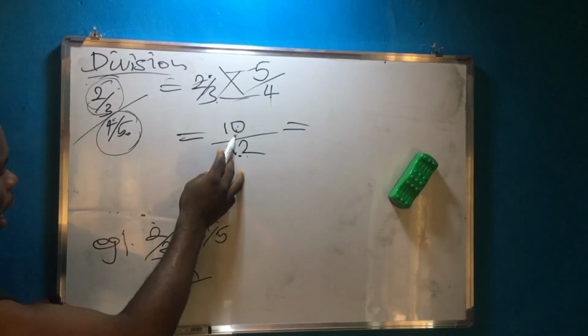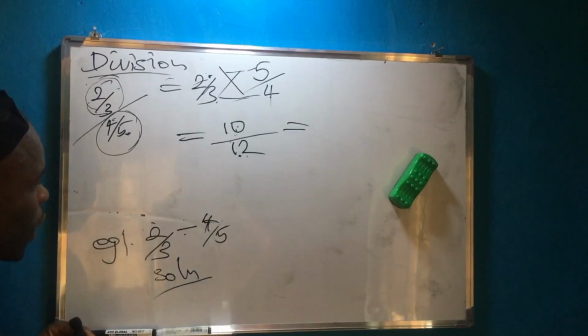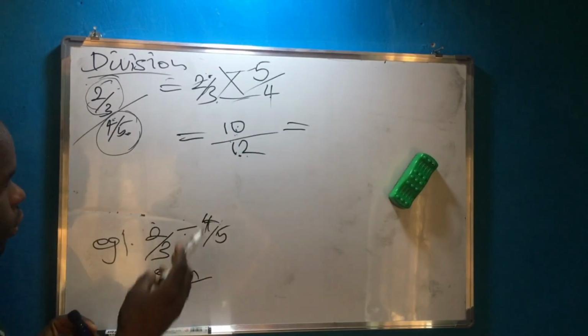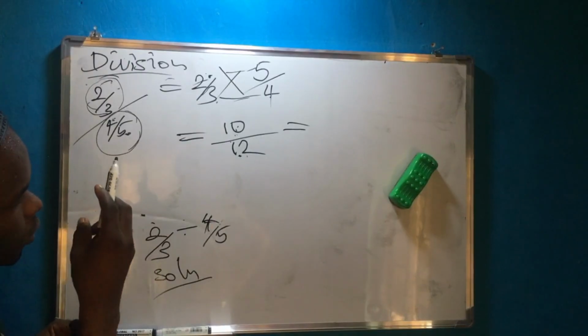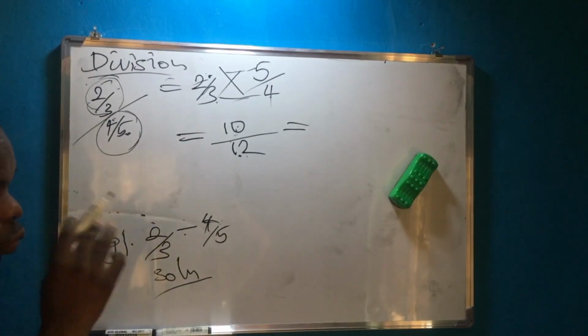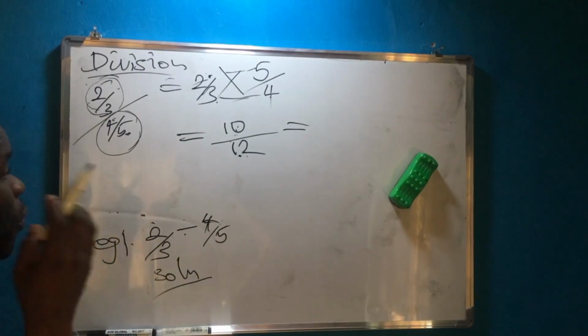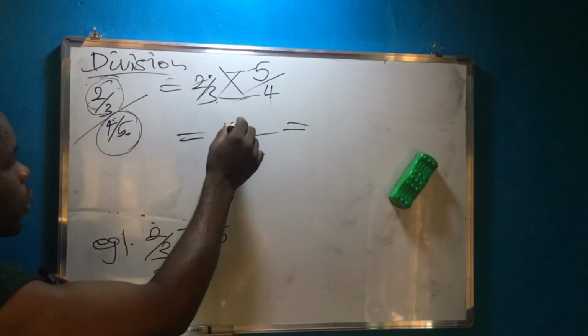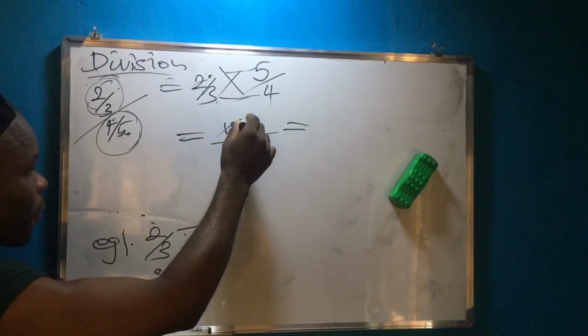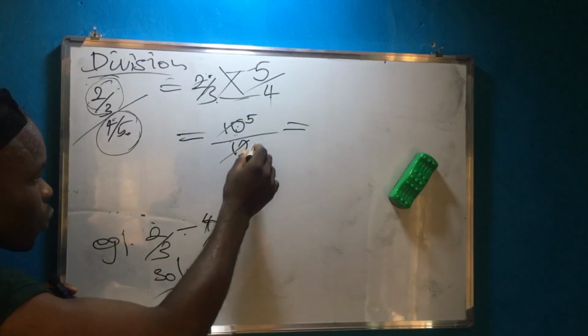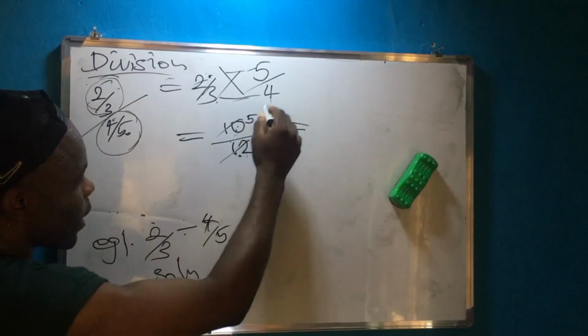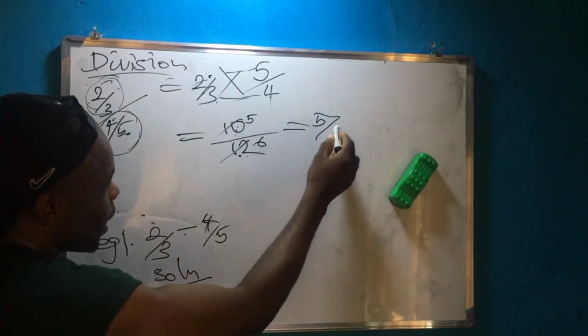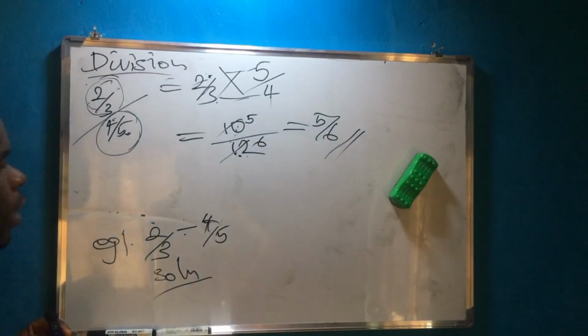What 10 has that 12 also has is 1 and 2, nothing else. So in this case we use 2. When 2 divides 10, we have 5. And when 2 divides 12, we have 6. Then everything now becomes 5 over 6. And this becomes your answer in this kind of question.